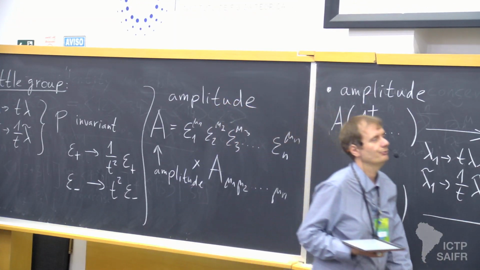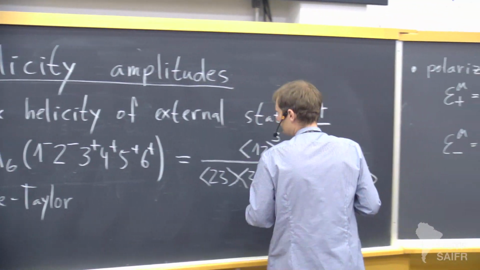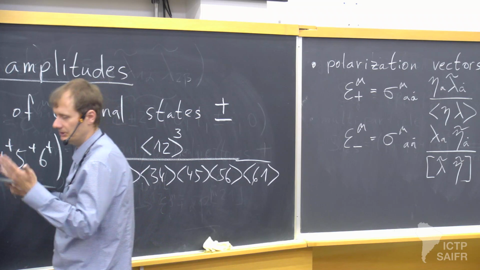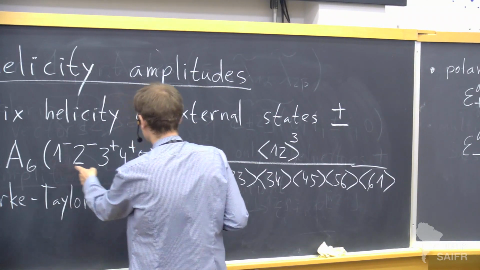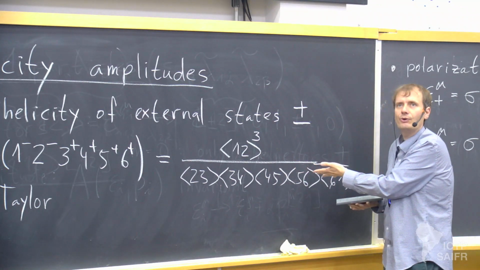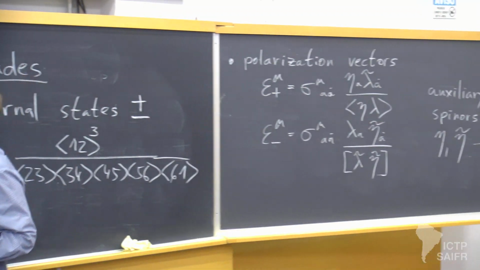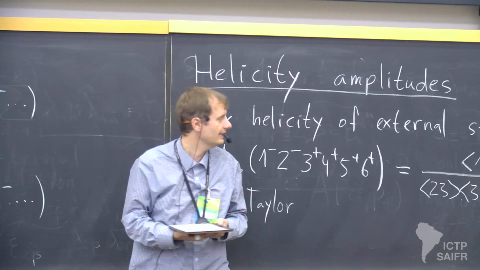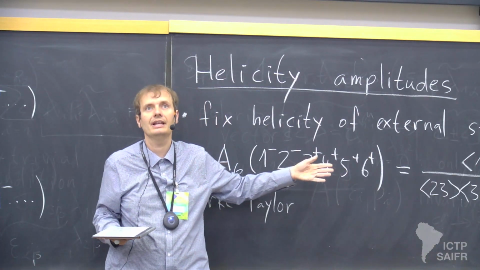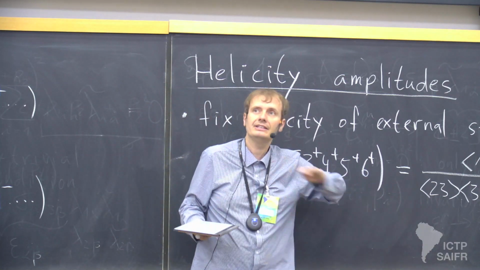So from that, I gave you this formula, and I said it's a 6-point amplitude for gluons, which are spin 1 massless particles, of these helicities. I didn't prove that this was the right formula, but there was a consistency check, which was that it had to satisfy these conditions, and it did satisfy it. We will later prove that it's indeed the correct formula. But if it didn't satisfy it, it was definitely wrong.